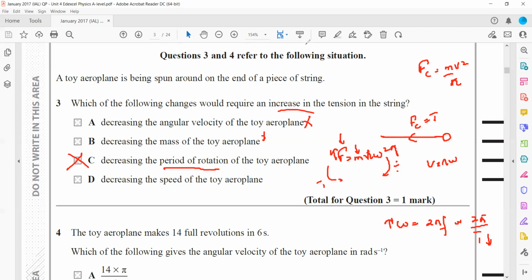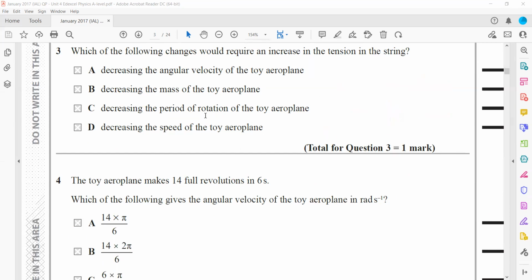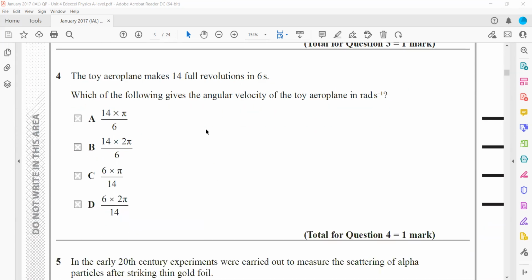The next one: the toy airplane makes 14 full revolutions in 6 seconds. Which of the following gives the angular velocity in radians per second?